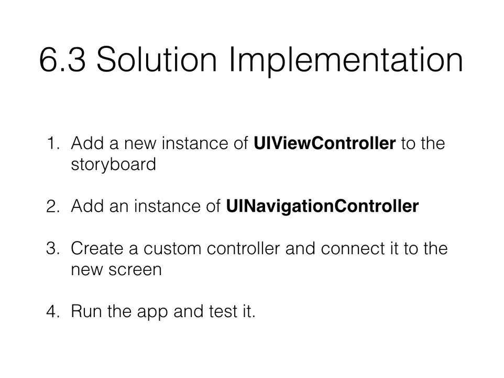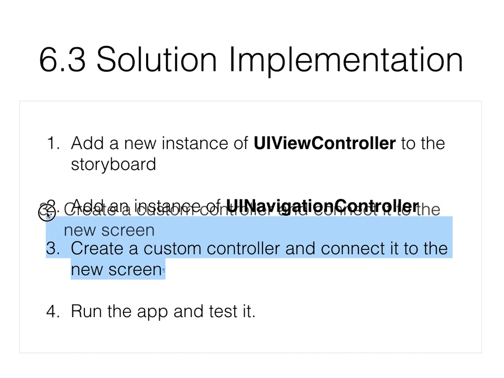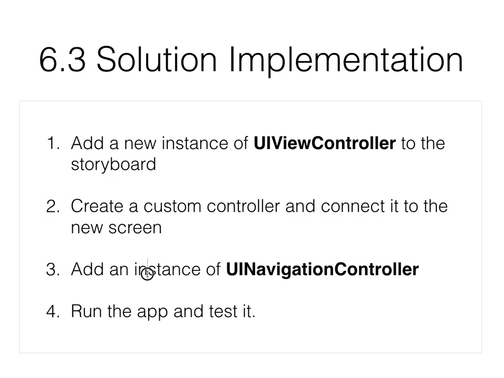In the implementation, first we need to add a new instance of a UI view controller to the storyboard. Then we need to add a custom controller and connect it to that new instance. I have it here as step 3, but now that I'm looking at it, I think I want to do that first, in step number 2 instead of step number 3. So maybe I can change that. And then after that, add an instance of the UI navigation controller and connect the screens to each other.